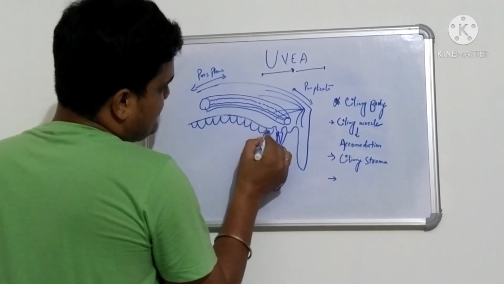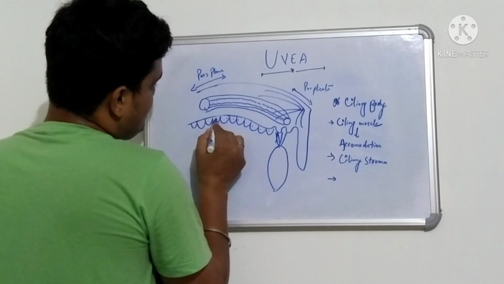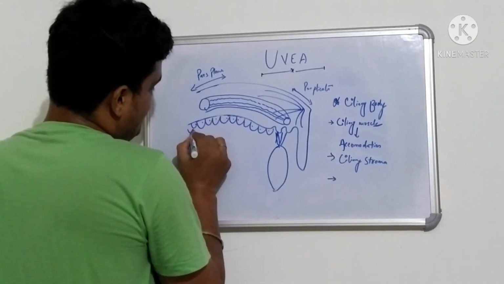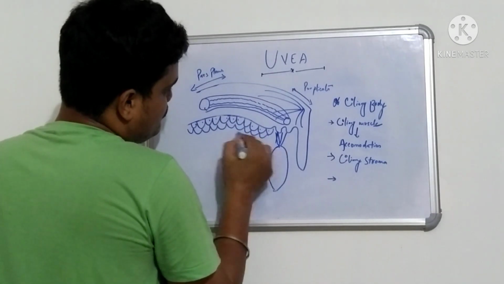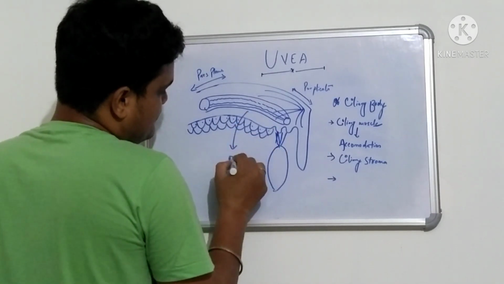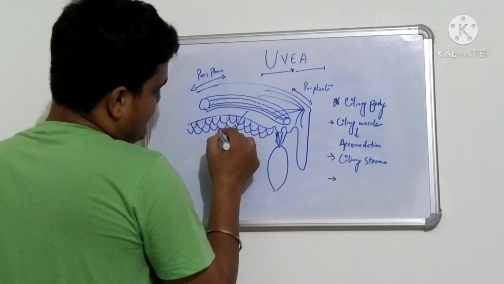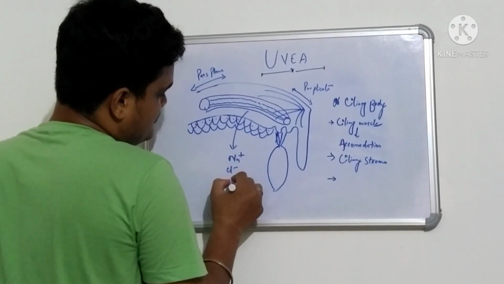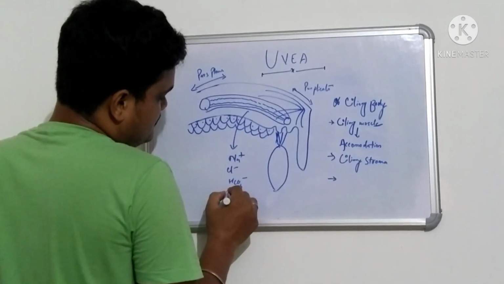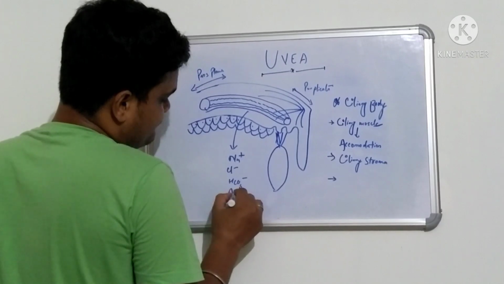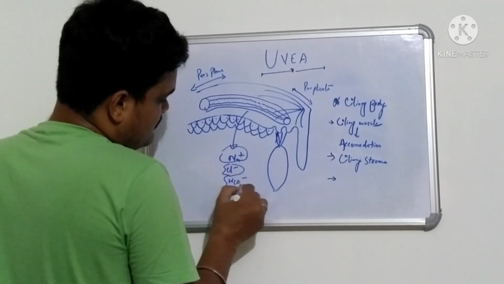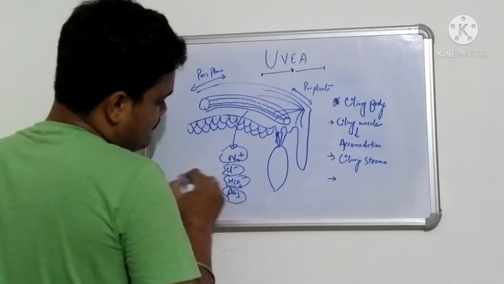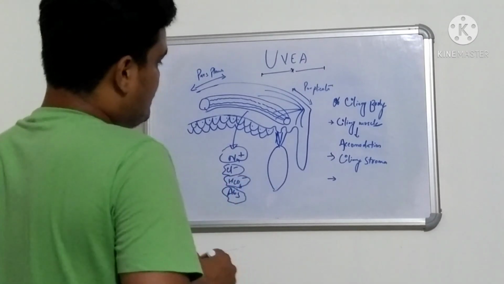The ciliary epithelium helps in the sodium potassium channel and gives sodium ion, then chloride ion, then bicarbonate, then ascorbic acid, which all make up the composition of aqueous humor.